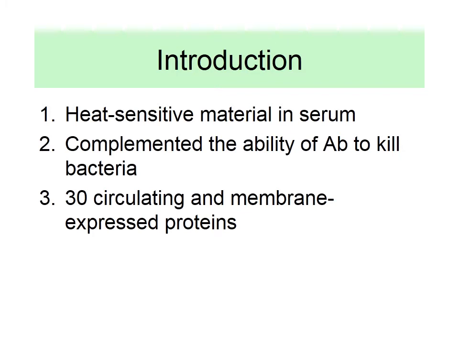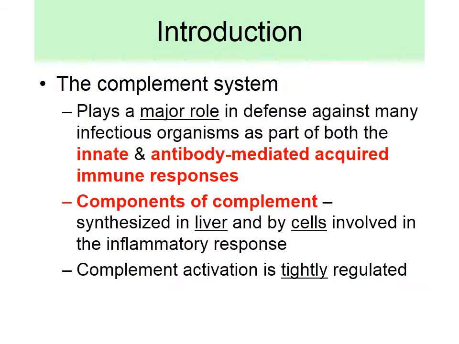If you look at the complement system as a whole, you will see that it's a major system. It plays a major role against many infectious organisms, and we consider it part of both innate and antibody-mediated acquired immune responses.